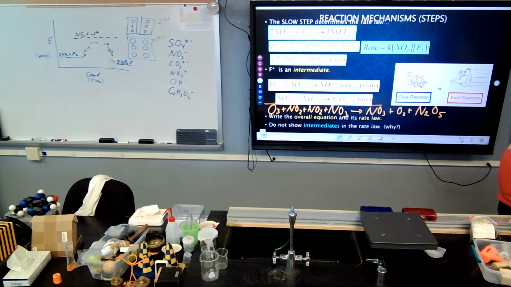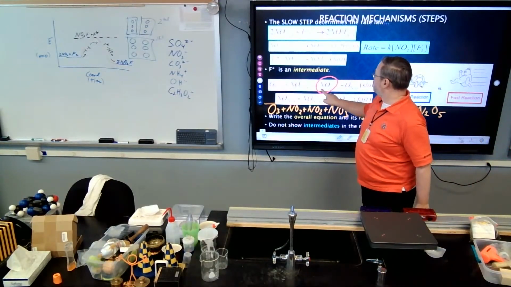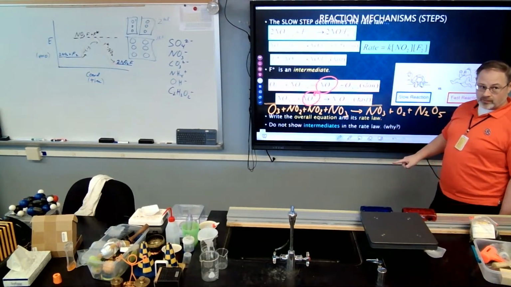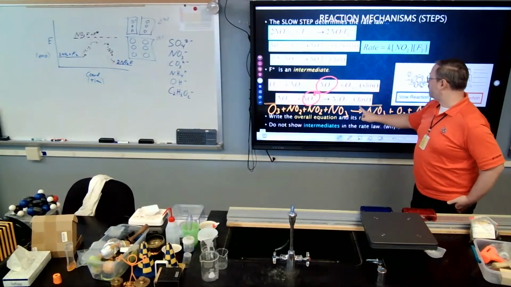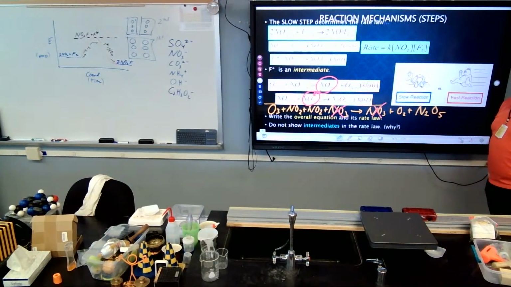Yep. So you see the intermediate? The NO3 gets produced and then consumed. And when you squish them all together, there's the same number of NO3s here and here. So those are our intermediates. That is our intermediate.